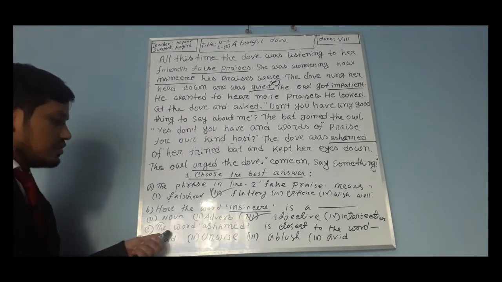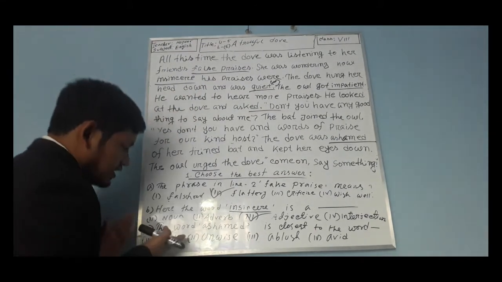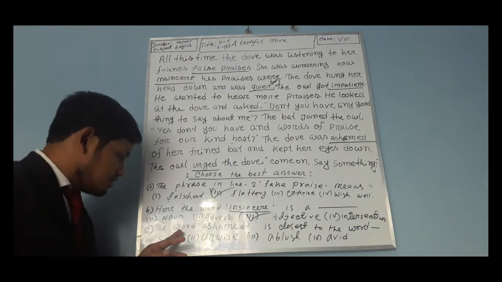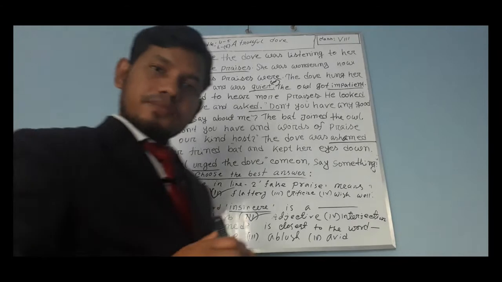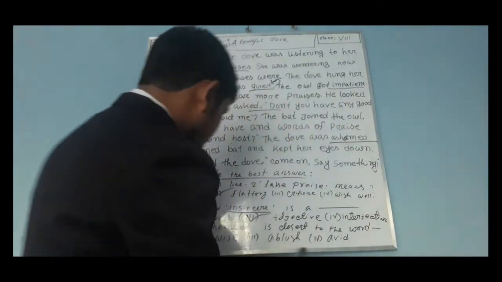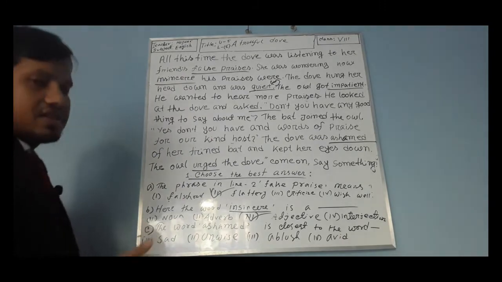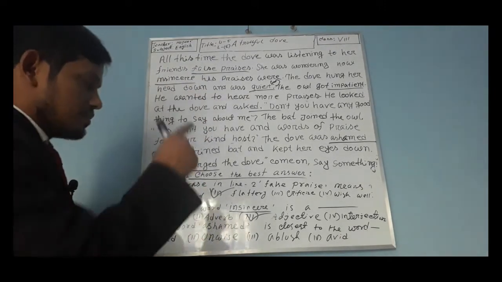Now the question: the word ashamed is closest to which word? Sometimes you may face these types of questions in your exam. There are four options here, so it is like questions on similar words, based on the text.